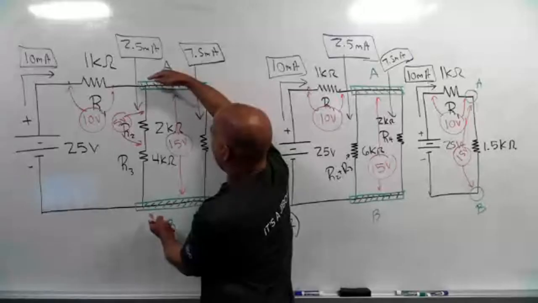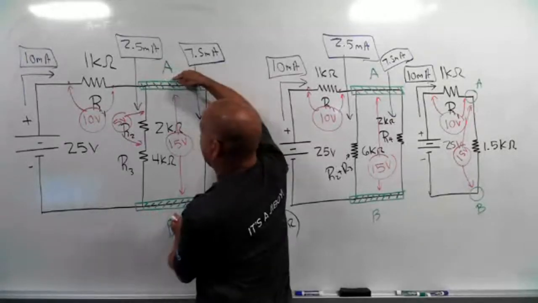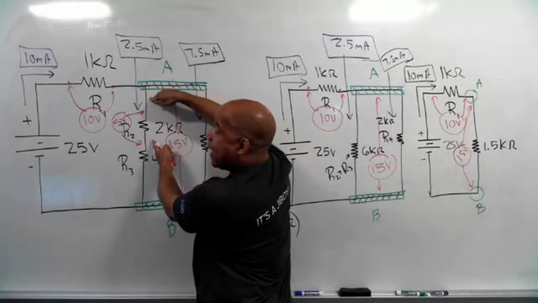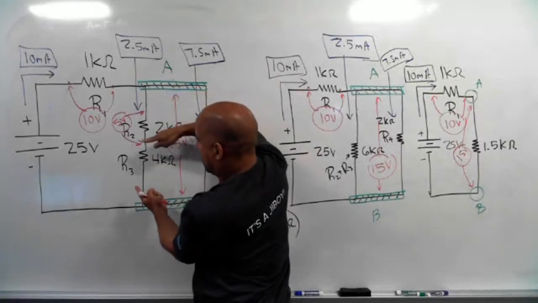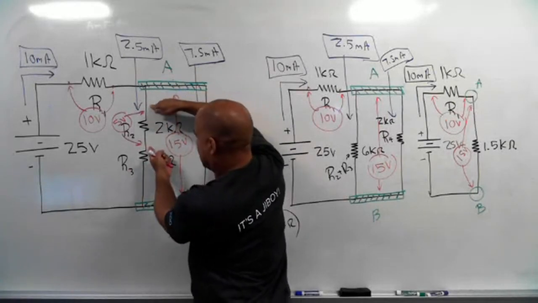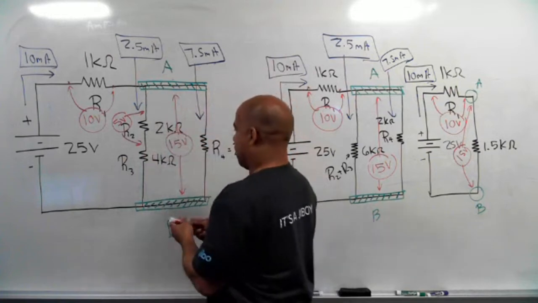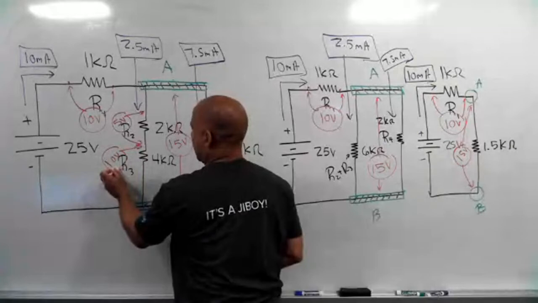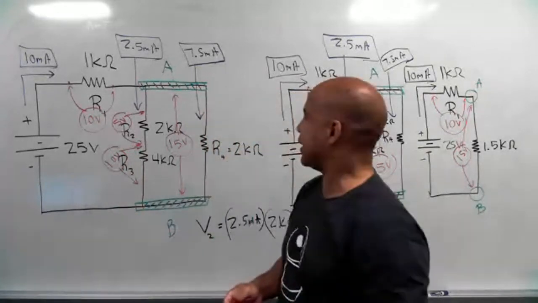Kirchhoff's law. If I have a voltage across this branch of 15, and I have a voltage across one of the resistors in the branch of 5, then this has to add up. The voltage across this resistor plus this resistor has got to add up to 15. Therefore, the missing voltage has to be 10 volts.